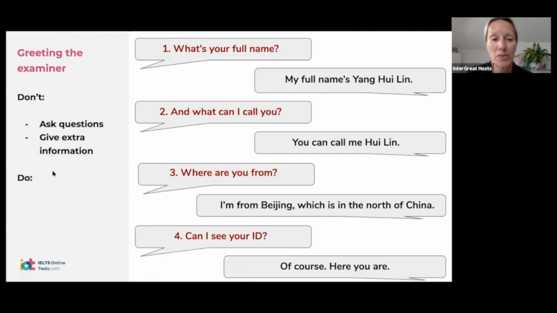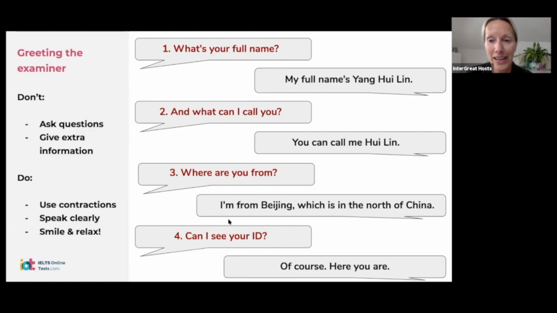What should you do? Answer questions, yes. Anything else? Any tips? People that have done this, smile, Vidi, yes, be clear, relax, yes. So do use contractions.